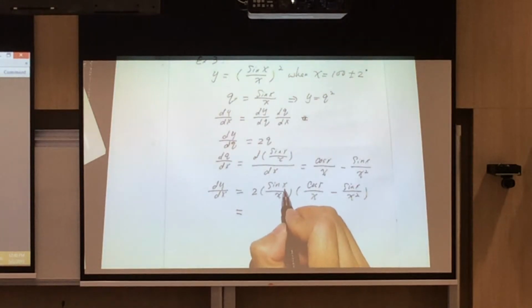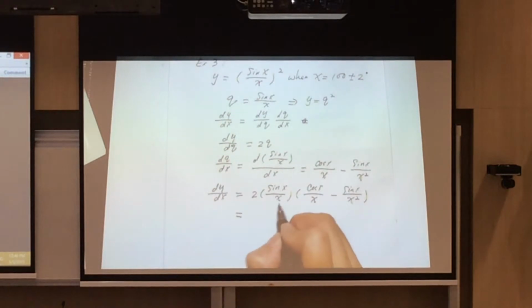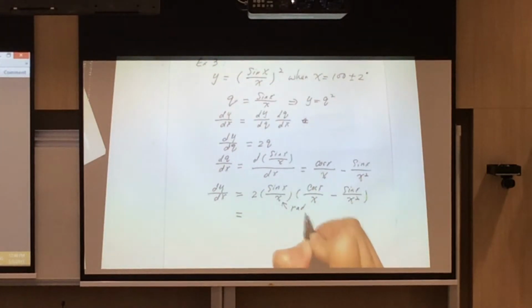For sine x, whether you use degrees or radians makes no difference, but you have x here. X is your variable, right? X here you cannot use 100. You need to use the radians for 100 degrees. So x here is in radians.